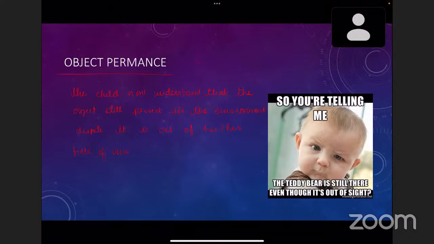This is acquired at the age of 9 months. This is very important. Otherwise, the child will not try to look for that particular object. And this is one of the important milestones which is acquired in this field.